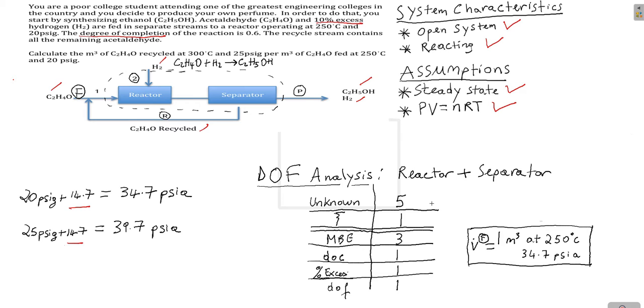So that gives us 5 plus 1, which is 6. And then 3 plus 1, which is 4. So our degree of freedom is equal to 1. Therefore, we need to set up a basis. We set up our basis to be 1 cubic meter of C2H4O fed at 250 degrees Celsius and 34.7 psia.